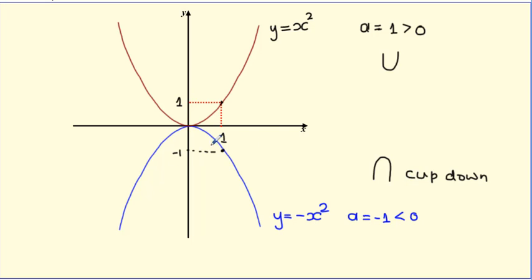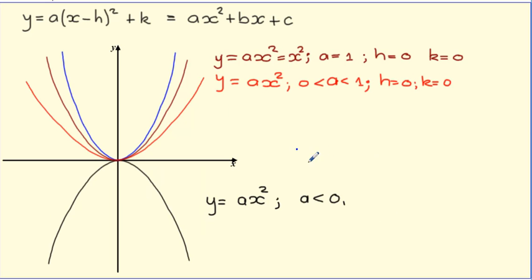That is important to understand, the effect of a on this graph: the narrowing around the y-axis, the widening, and then changing to negative a's, flipping the graph upside down. That is important. So that can be summarized in this kind of table.